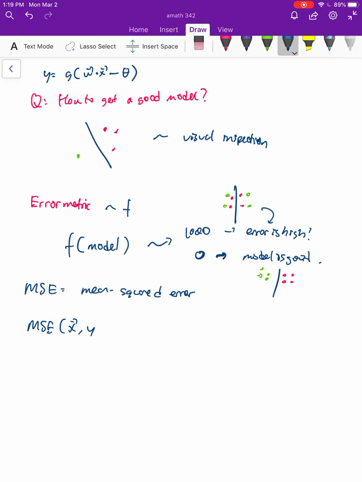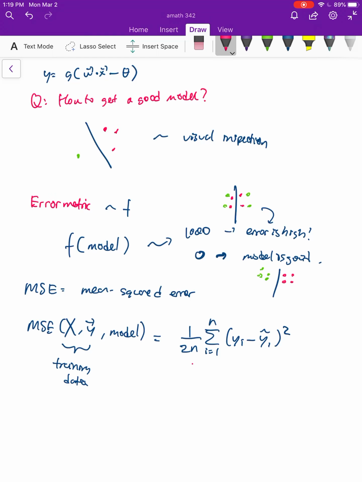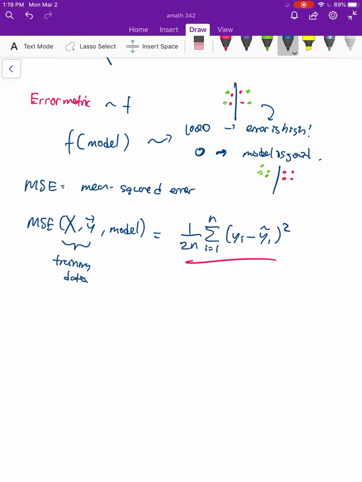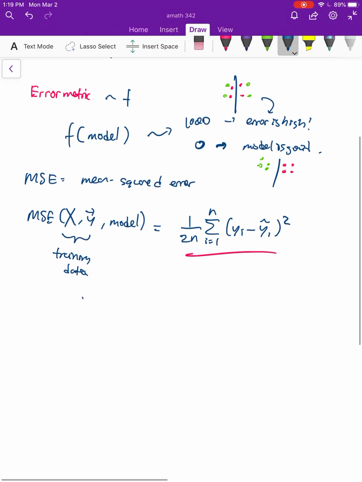The MSE, when you have been given all the x's, so I guess this should be a matrix, all the x's along with their labels, and your model, so x, y are training data, would just be the average of all the classification errors, (yi minus y tilde i) squared. Let's dissect these terms.